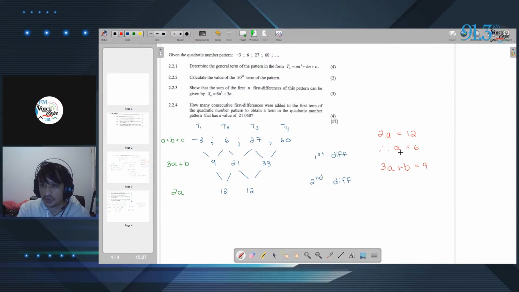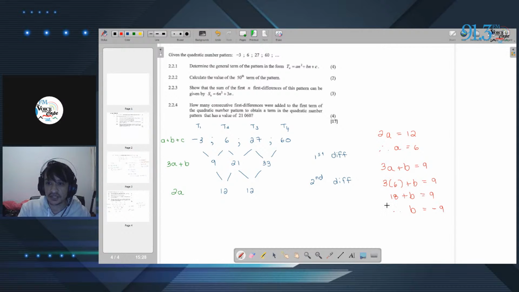We substitute the A value we found into this equation, so B is the only variable that exists, and that'll help us solve for B. So now we get 3 times 6 plus B is equal to 9. This is 18 plus B equals 9. Therefore, B is equal to, if we move the 18 over, it becomes negative 18. 9 minus 18 is negative 9.